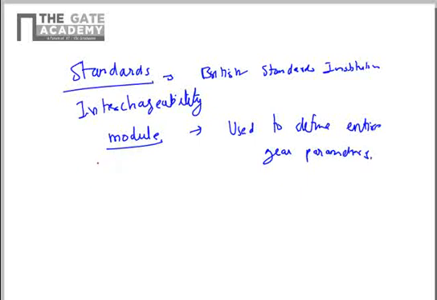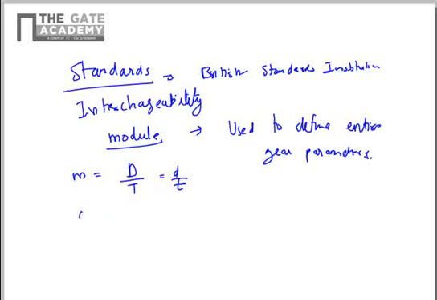So from the module, you know the diameter of the PCD, then you can get the number of teeth, since module is equal to d by t, or small d by small t. So if you know the pitch circle diameter for which you want the transmission, you can get the number of teeth.